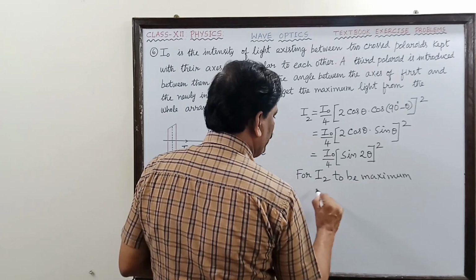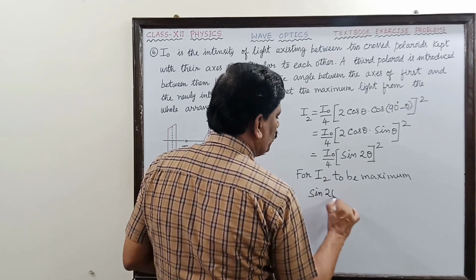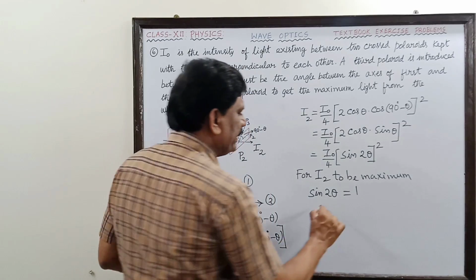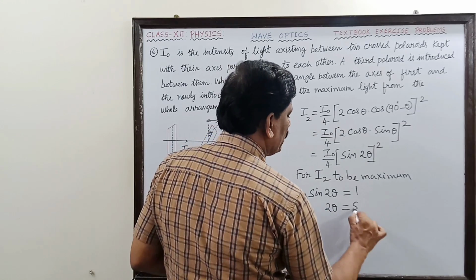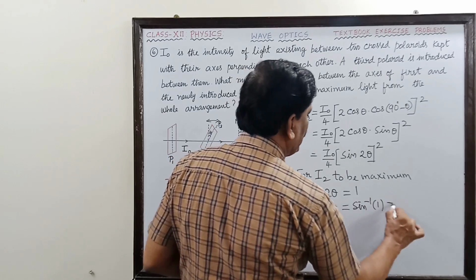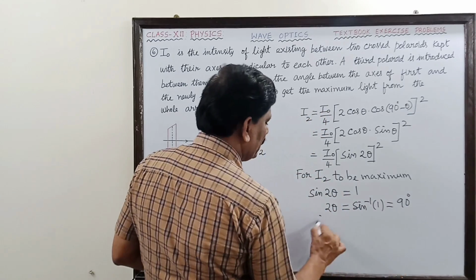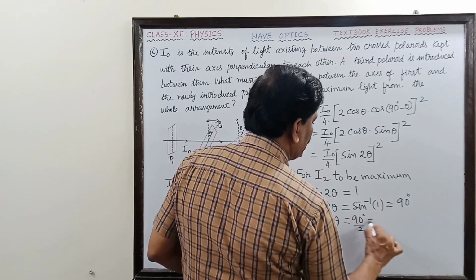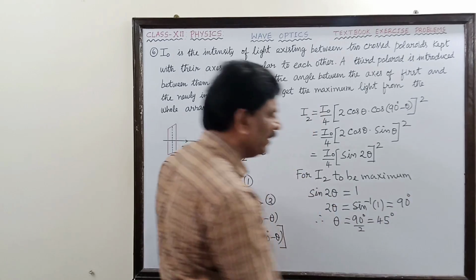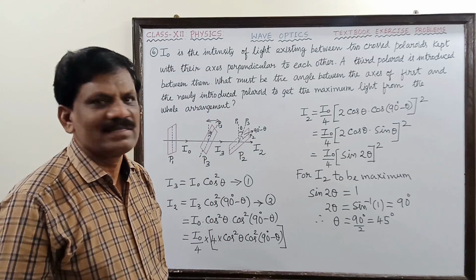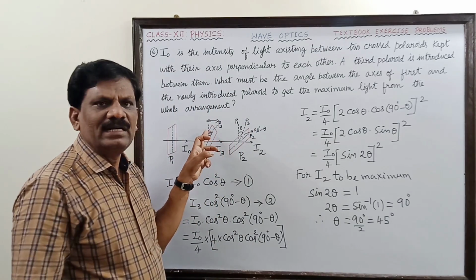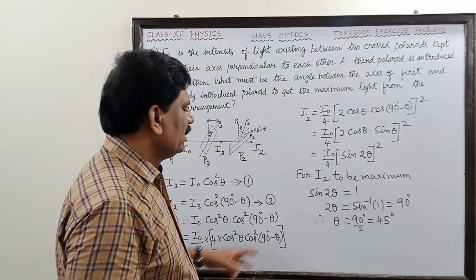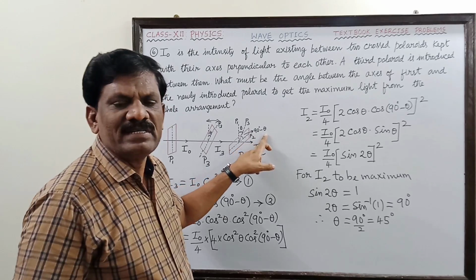So 2 theta must be equal to sine inverse of 1, that is 90 degrees. Therefore, theta must be 90 by 2, that is 45 degrees. This is the required answer. So the angle theta must be 45 degrees, so that 90 minus theta, which is 90 minus 45, is also 45 degrees.